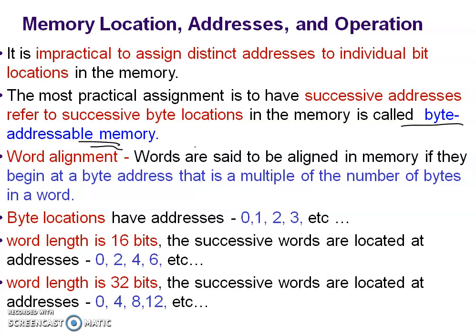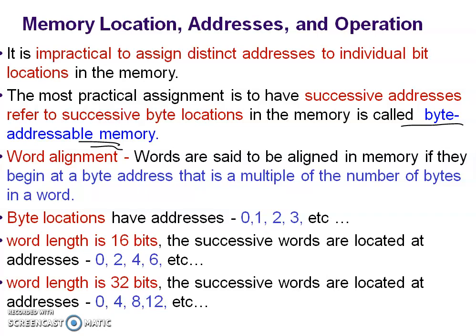If successive bytes are assigned byte addresses, then it is called byte addressable memory. And if word addressable memory is being used, it means data is retrieved based on successive word locations. So either byte or word will be used to assign addresses.